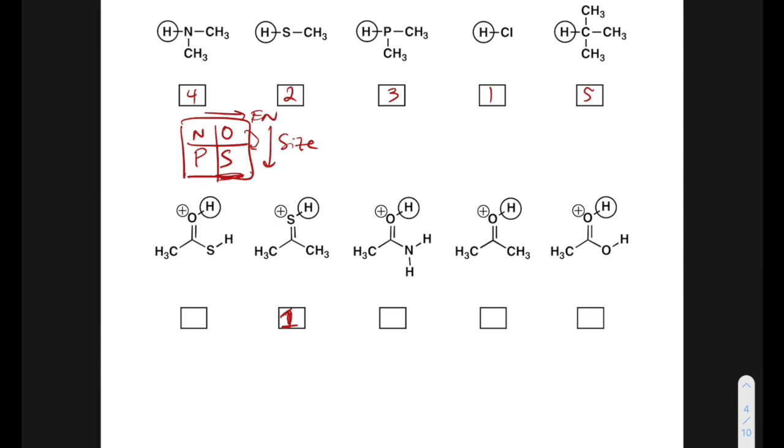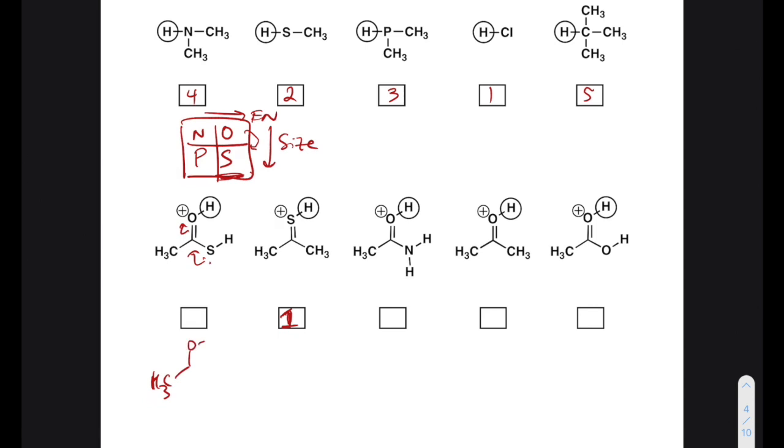Okay, so then when it comes to the last 4 cases, these are all oxygens with positive charges. And so to compare these, we need to look at the contributions that the resonance forms have. So if we start with the case on the left of a thioester, we can draw a resonance structure where this positive charge is delocalized both on this positively charged oxygen, but also onto sulfur.